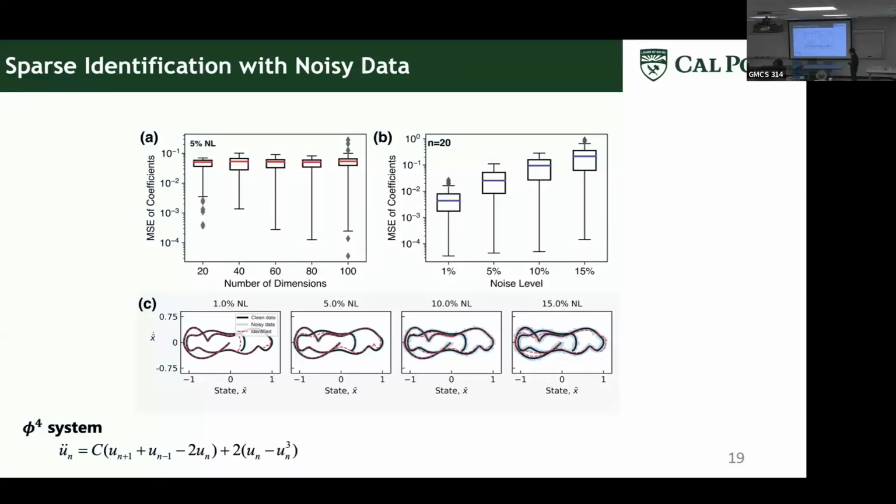This usually happens in only 1 or 2 dimensions, and I think if we fine-tune the hyperparameters, we can avoid it. The point here is that the error of the coefficients doesn't change too much as we increase dimensions.